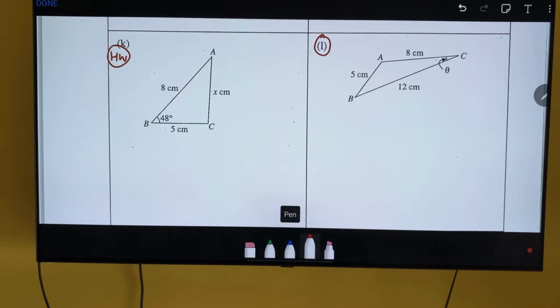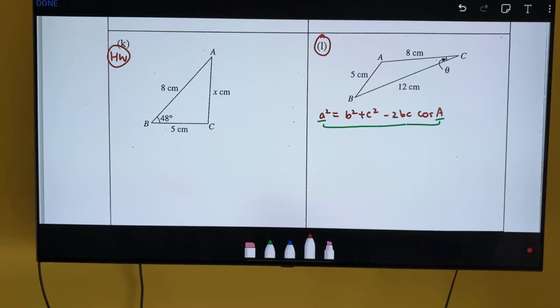So we know that a squared equals to b squared plus c squared minus 2bc cos A, and these two are corresponding. If we want to find the angle, okay, if our unknown is in the angle, we have to use another formula. And the formula is such that we want to make uppercase A the subject.